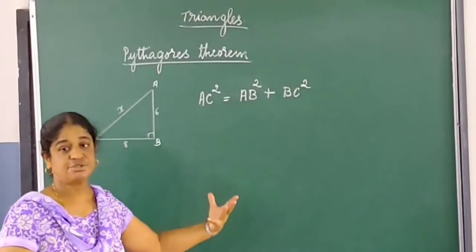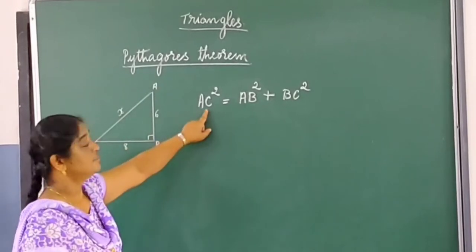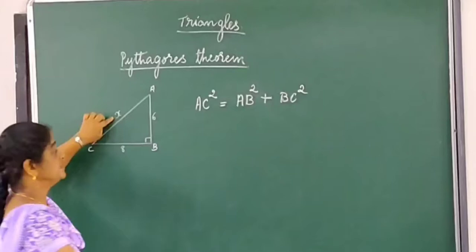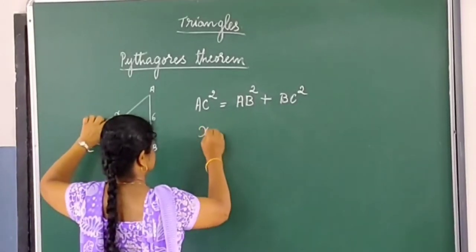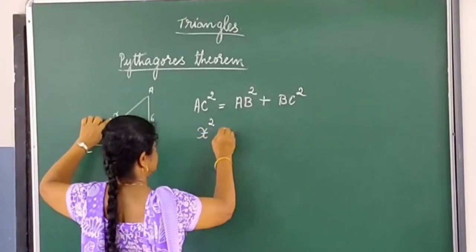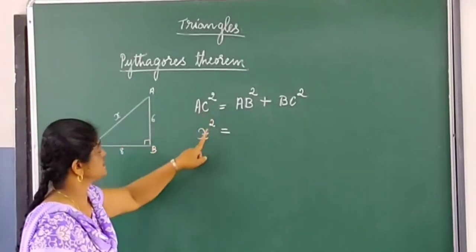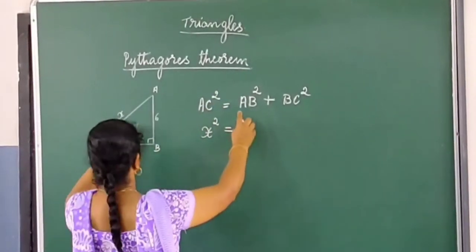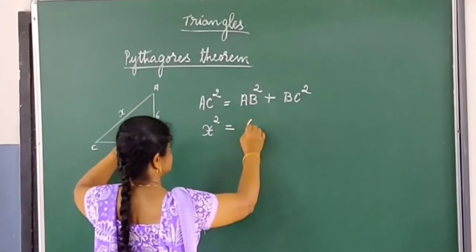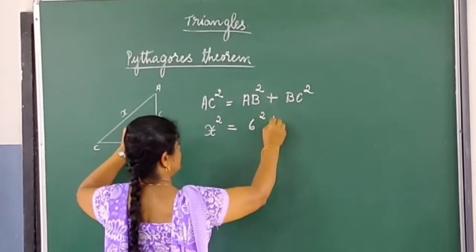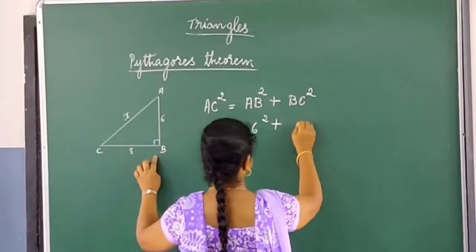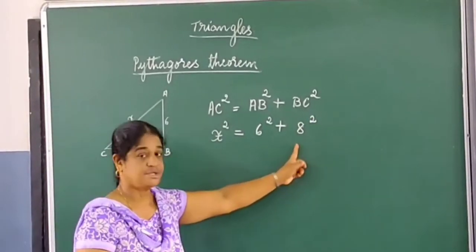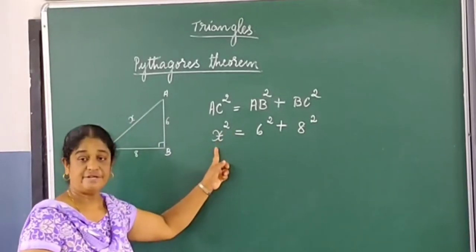Now we will substitute the values. AC is the length x. So x square is equal to, AC is x, so AC square is x square, is equal to AB is 6, so 6 square plus BC is 8 square. We are substituting the values here. Now we have to find out the value of x.